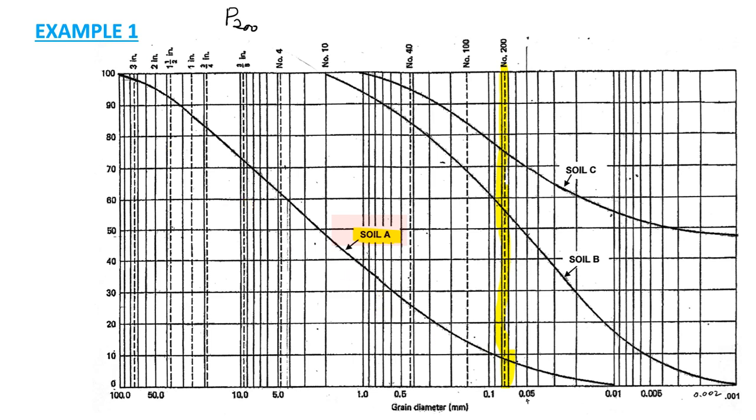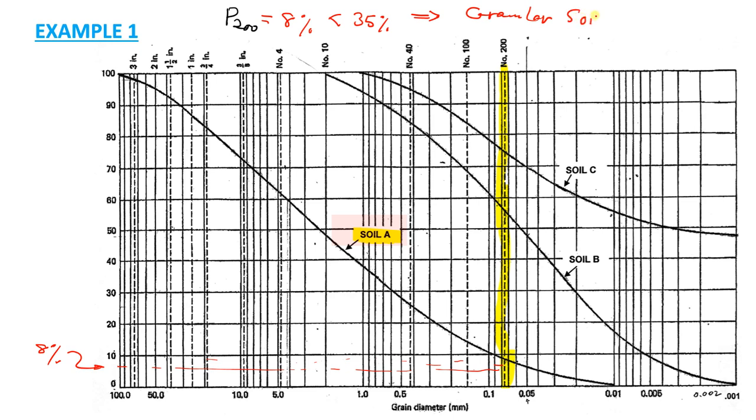From here we draw a horizontal line. I guess this is 8%. So passing number 200 is 8%, which is definitely less than 35%. So it means it is a granular soil.